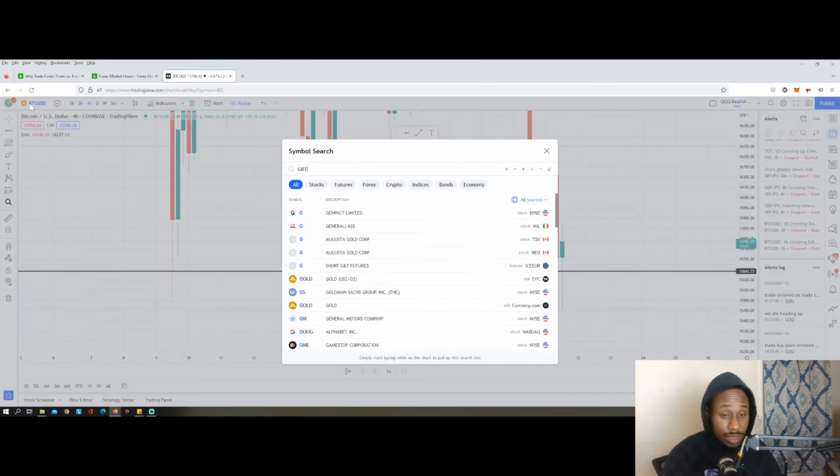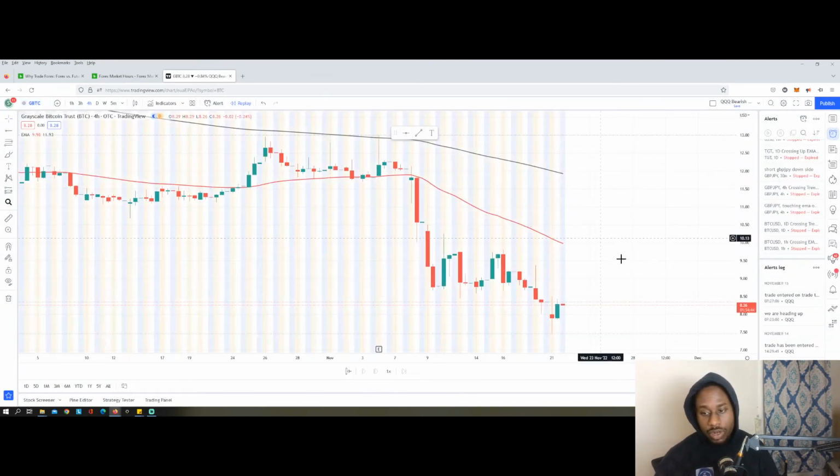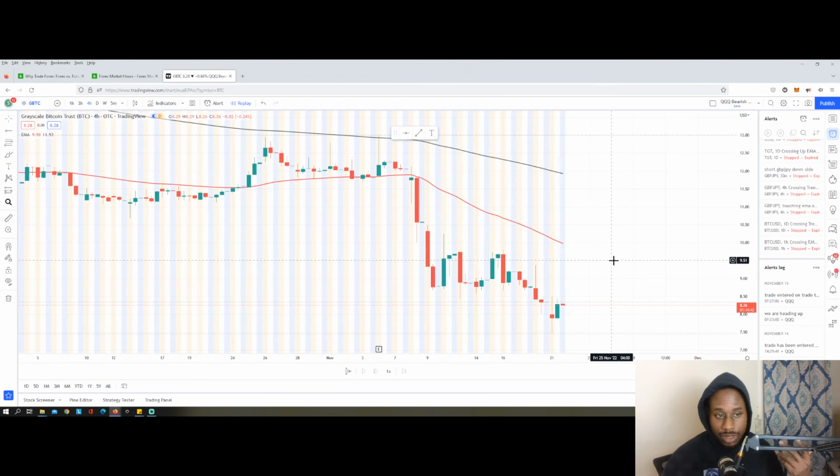So there's GBTC. Grayscale Bitcoin Trust basically invests in Bitcoin, and they try to give institutional investors exposure to the Bitcoin market. So Grayscale Bitcoin Trust has some exposure to the whole FTX debacle. So everything that went down with FTX, there are some allies to GBTC that have exposure to FTX.